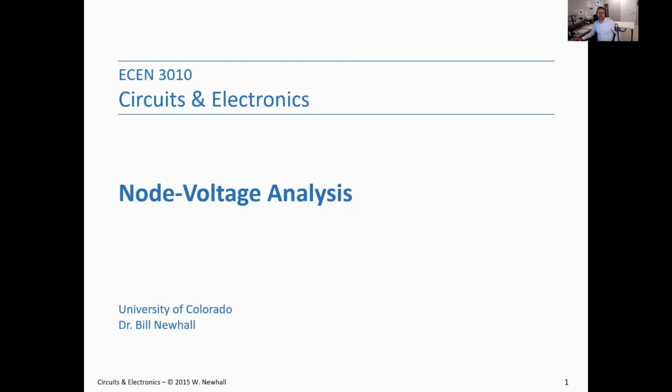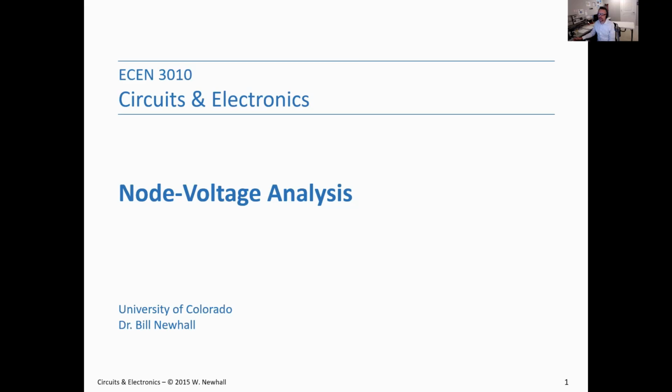So the next topic I would like to talk about is node voltage analysis. This is the point at which we're probably getting into some new material compared to what you talked about in physics. Maybe you talked about this, maybe not, but it's worth going through. Node voltage analysis covers two things.